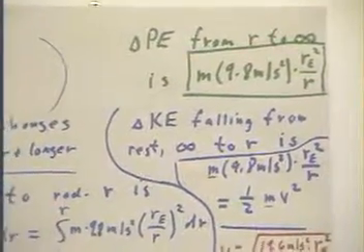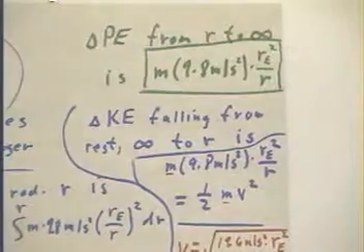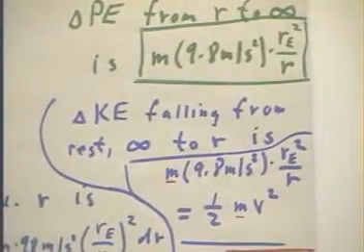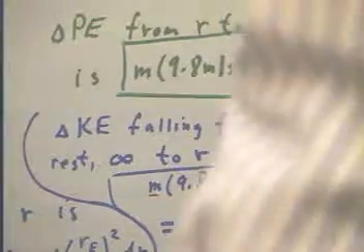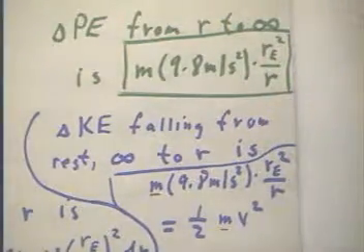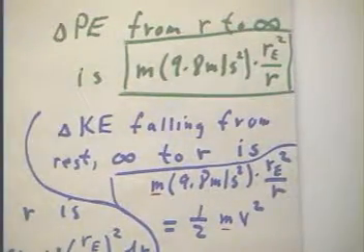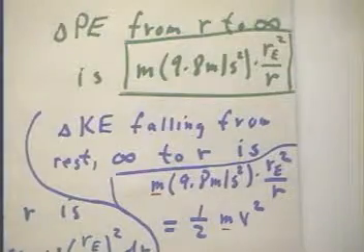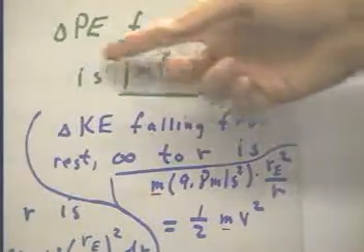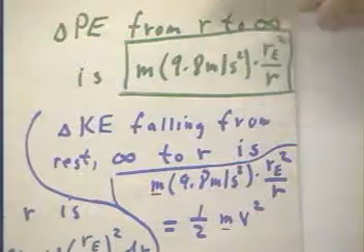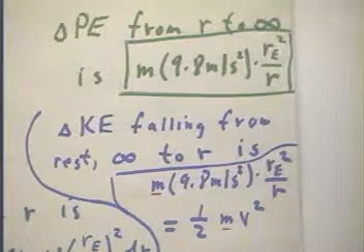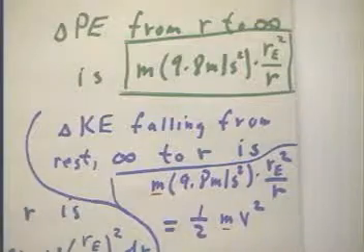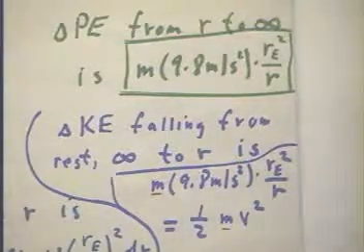Now, how much potential energy change would we have if we wanted to go all the way to infinity? We couldn't actually get there, of course, but we could theoretically get enough kinetic energy that would carry us all the way to infinity if we had enough time. Okay, so we can calculate the change in potential energy from a radius r to infinity, and we can set up the same kind of integral, and calculus students should do that.